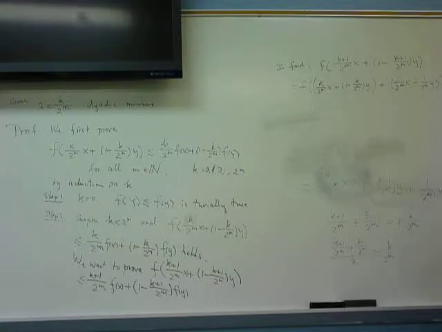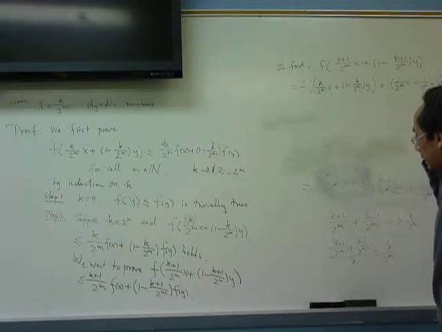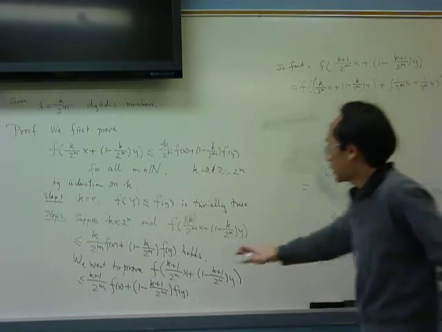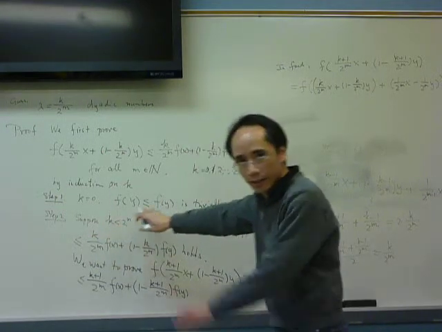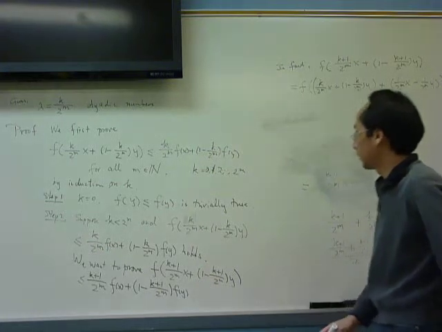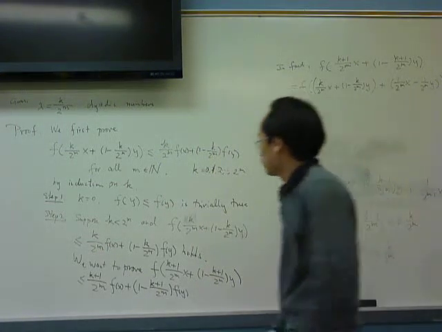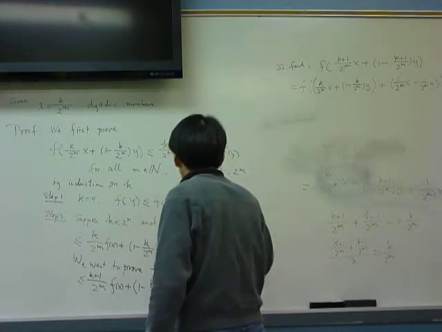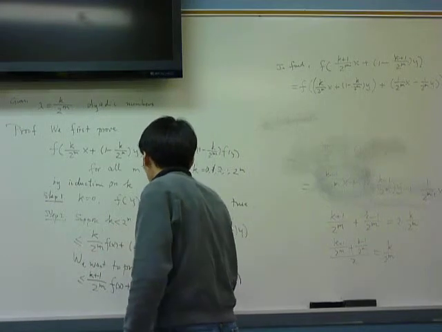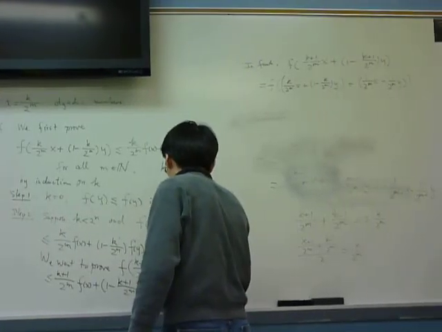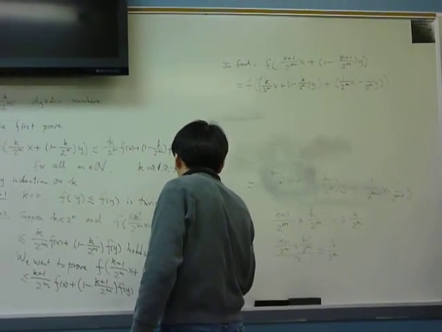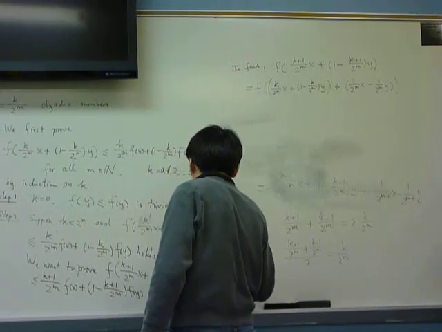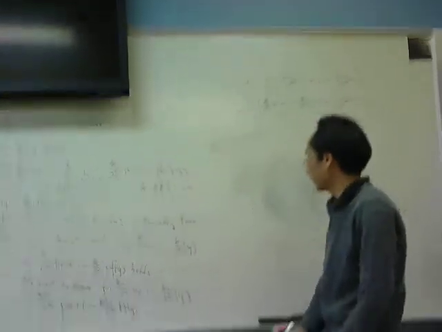I need to manipulate this so that I can use this assumption. It's for any k prime less than or equal to k, right? This inequality should be true. So let's say I use a k prime, for all k prime larger than or equal to 0, less than or equal to k.